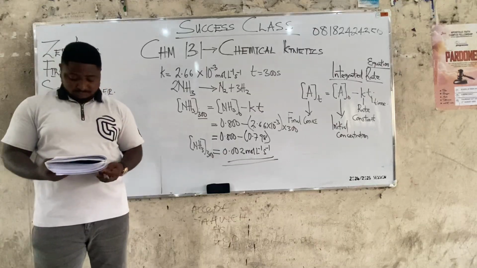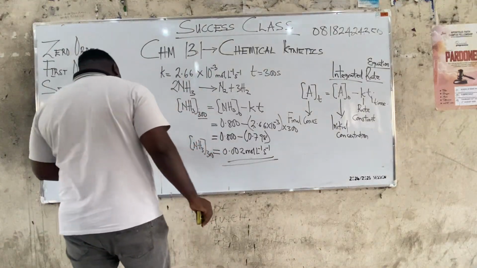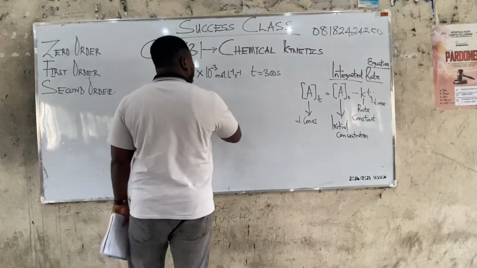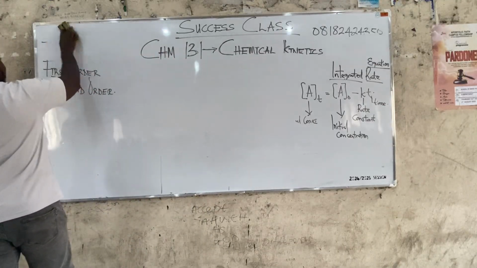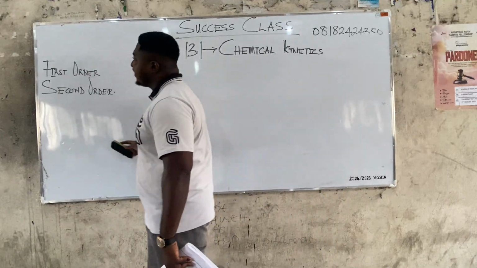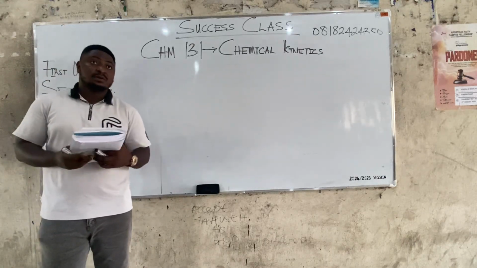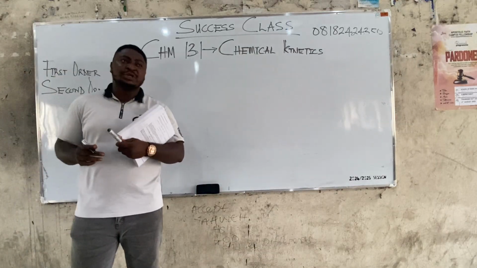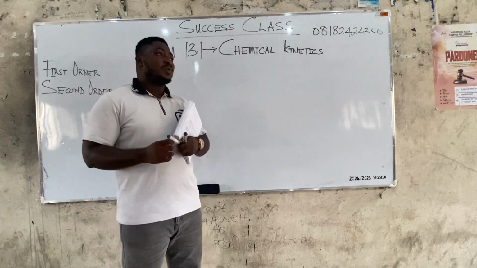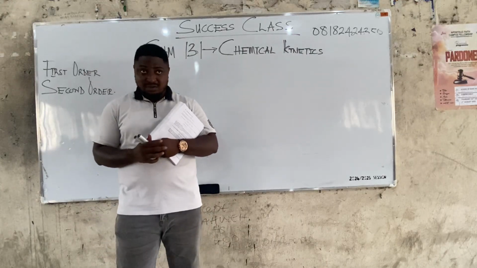First order reaction. These are reactions in which the rate of the reaction is directly proportional to the concentration of the species in the rate law, raised to the power of 1.